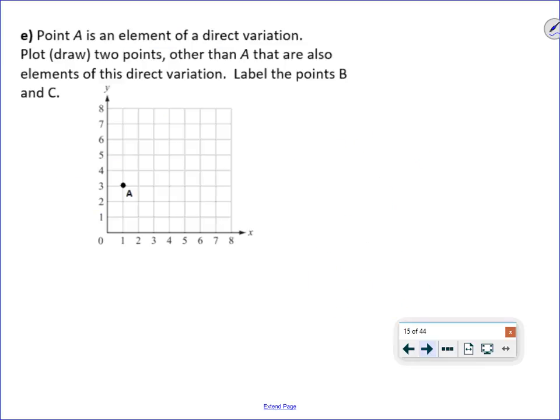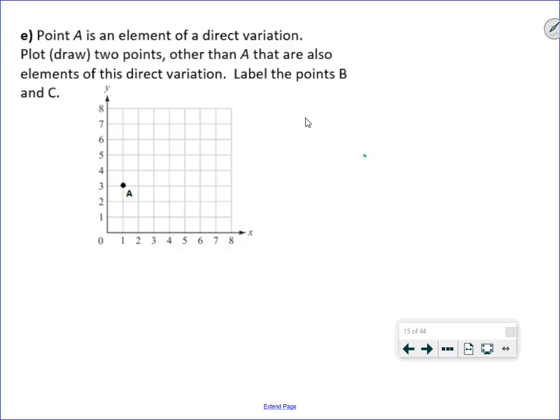Point A is an element of a direct variation. Plot or draw 2 points other than A that are also elements of this direct variation. Now, one of the key things to remember is that a direct variation always goes through the origin. Sorry, I don't think I spelled origin right there. That's why I teach math.